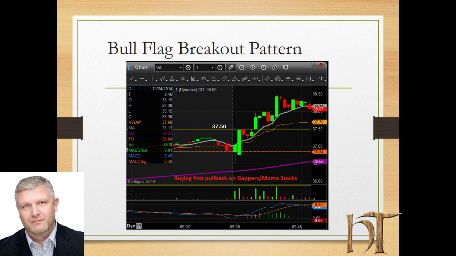This is a bull flag. So here, we get the stock. We buy the first pullback on the gap of momentum stock. A big spike to 37.50, and then a little bit of a pullback.